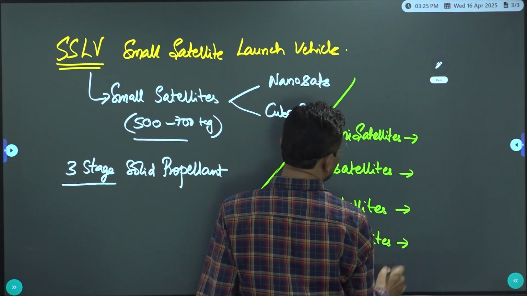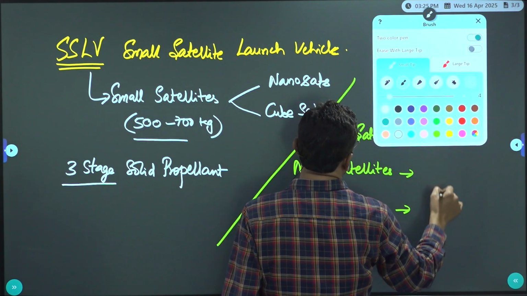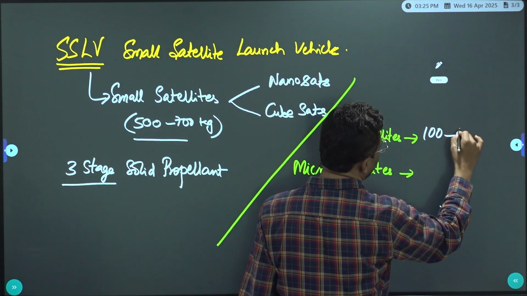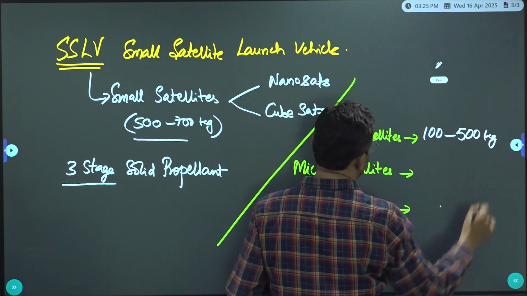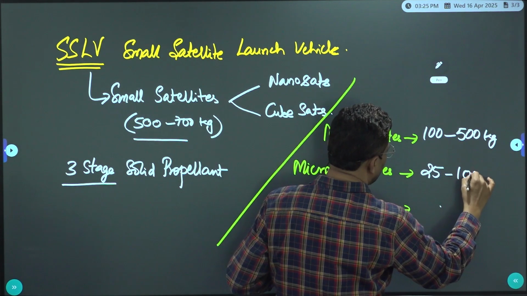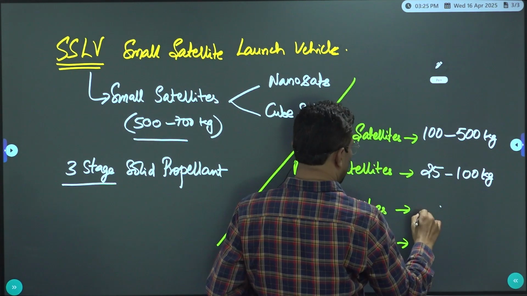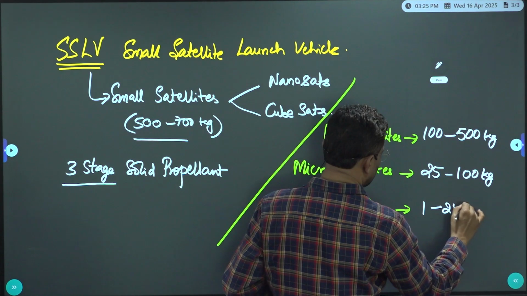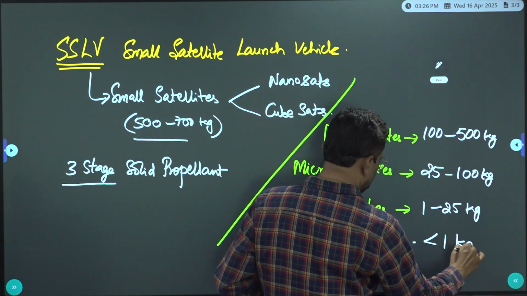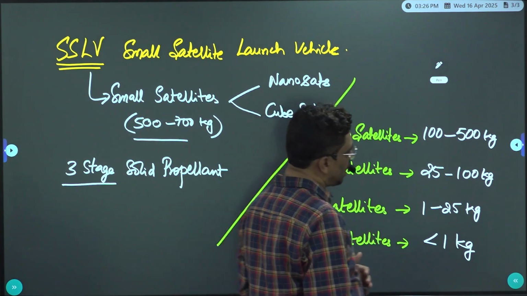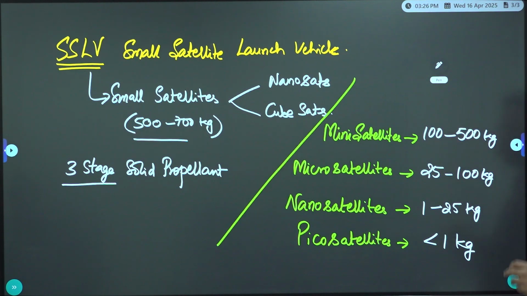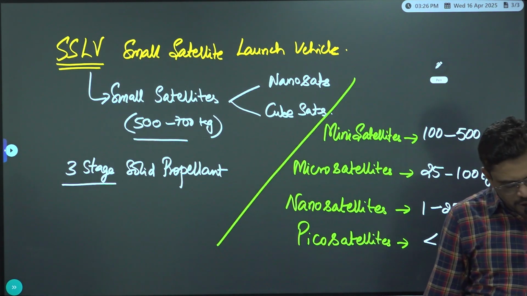Mini satellites have a weight of 100 to 500 kgs.